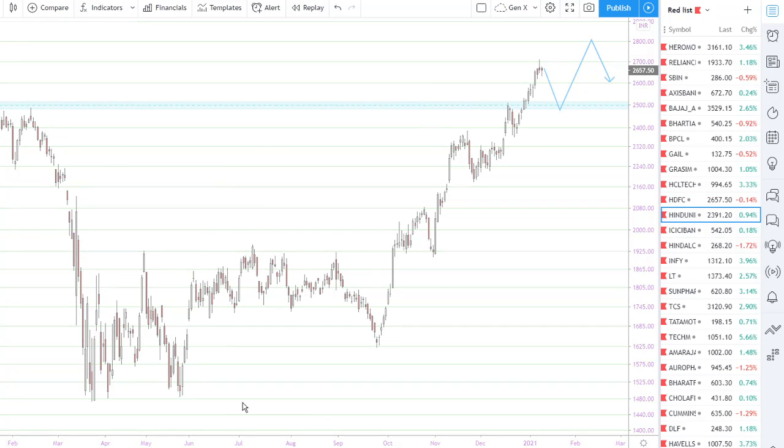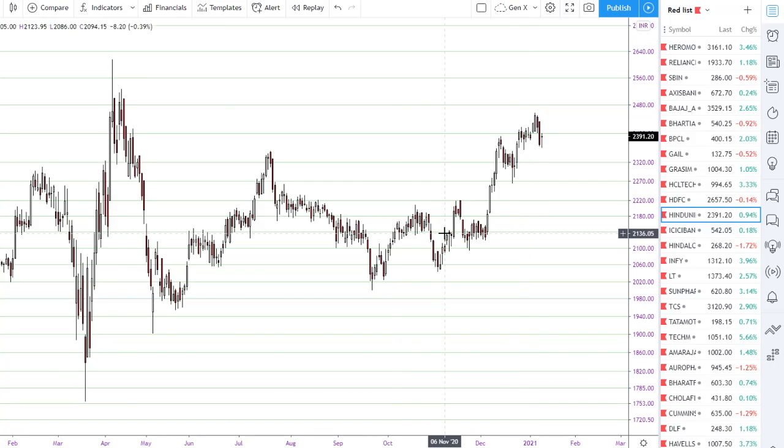The next one is Hindustan Unilever. This is a bit tricky, I would say. If you are a bit aggressive, you can go for a long trade right after the high of the previous candle has been broken, or you could wait for a second entry. This is clearly in an uptrend, and this is a zone of interest, and the price is currently within that zone.